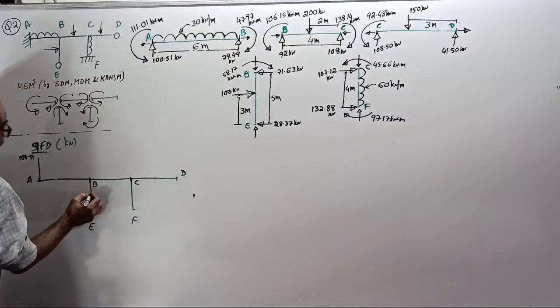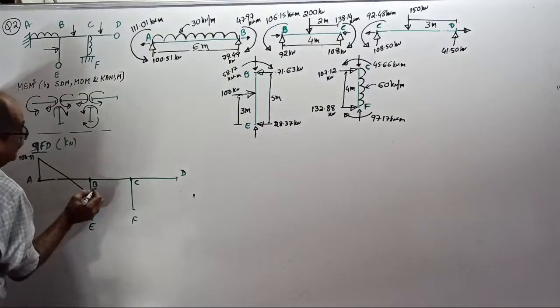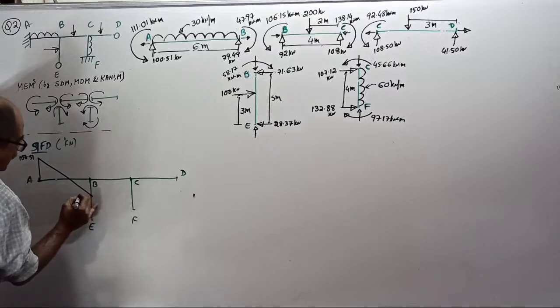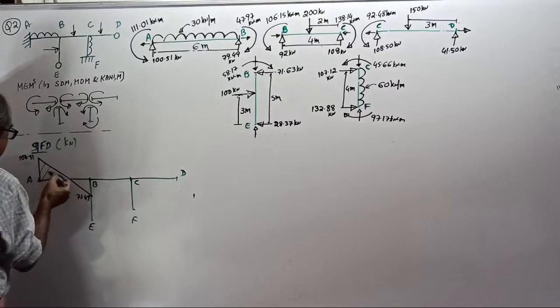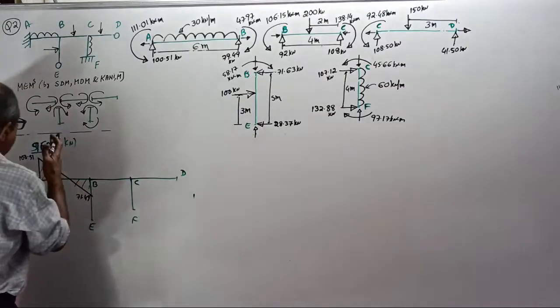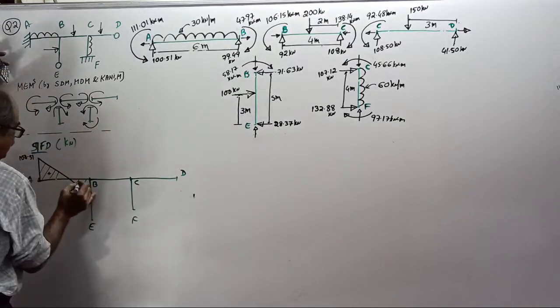So when you reach here, it will be 79.49. See, it will come 79.49. Right here, 71.49. This is the SFD for the beam. Okay. Plus minus sign: if you want left up positive, right down positive, you can write plus minus, but that is actually not required.